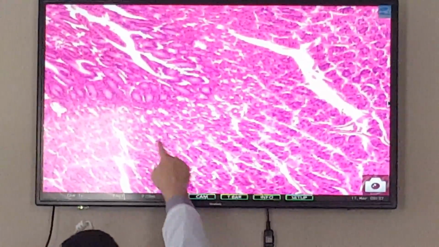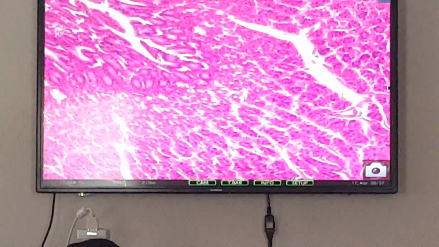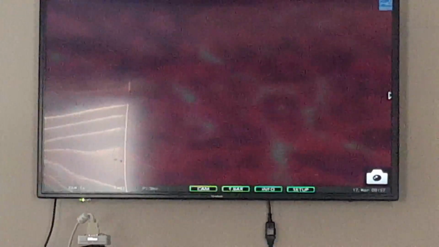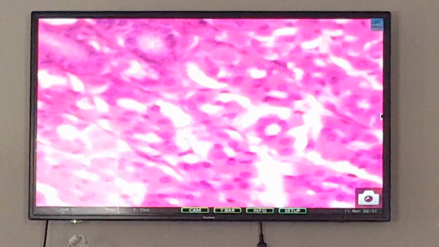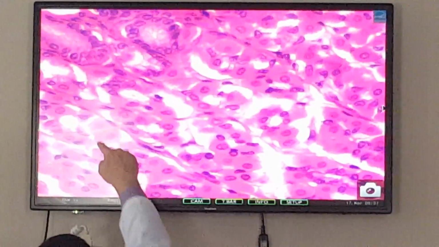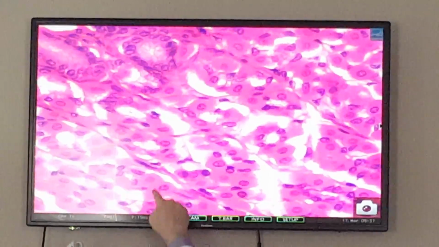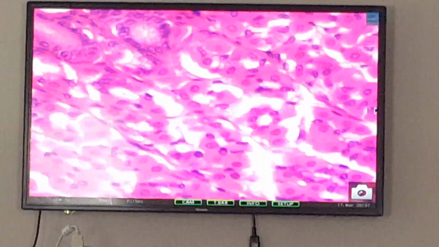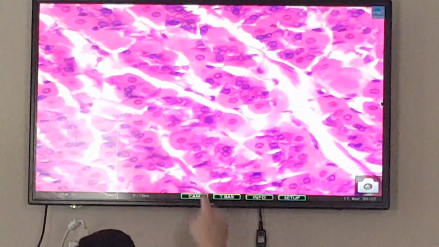Okay. A lot of these are parietal cells in here. Parietal cells are large, round, and eosinophilic. That would be a parietal cell. These are just the glands. See all the parietal cells, they stick out.